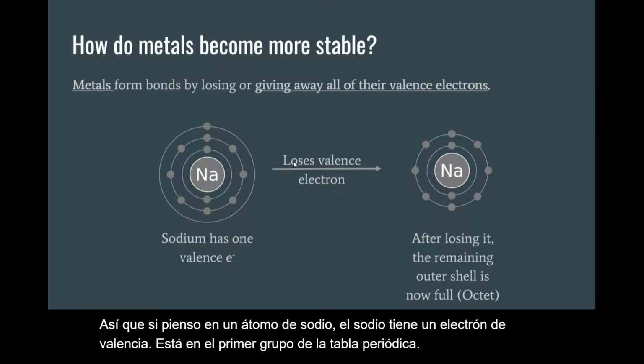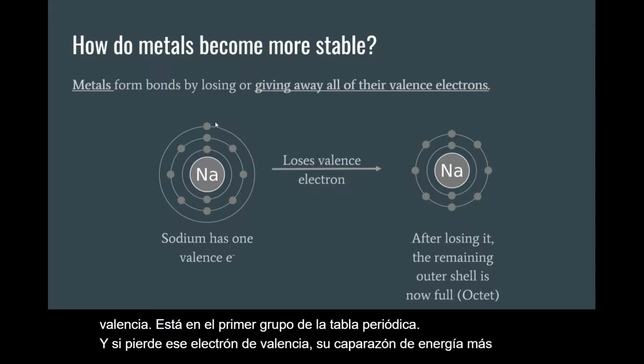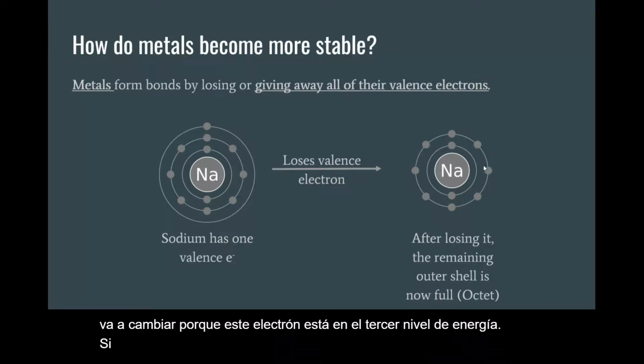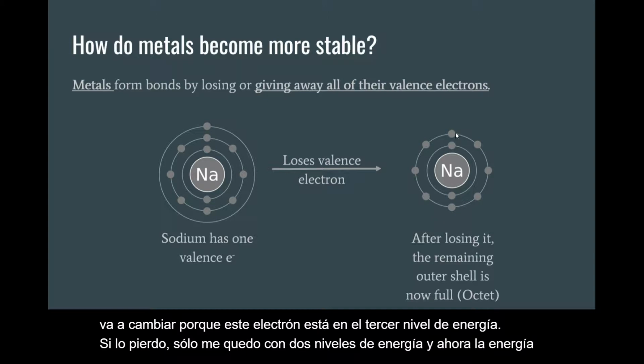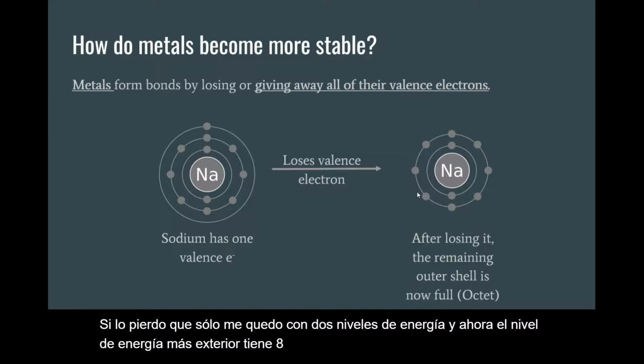And if it loses that one valence electron, its outermost energy shell is going to change because this one electron is in the third energy level. If I lose it, then I'm only left with two energy levels, and now the outermost energy level has 8 electrons. One, two, three, four, five, six, seven, 8. This is now an octet.